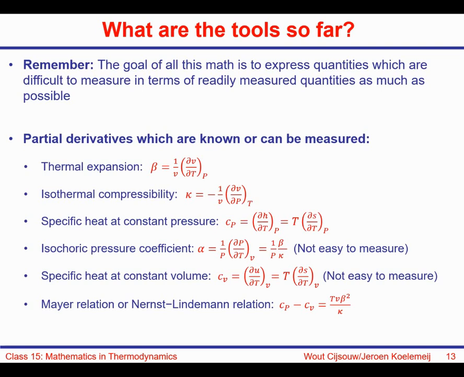For example, the specific heat, where we could relate the Cp, which is something that we can relatively easily measure, with changes in entropy, for example. And we've also seen how these partial derivatives can connect to very real physical properties like expansion coefficients or compressibility coefficients.